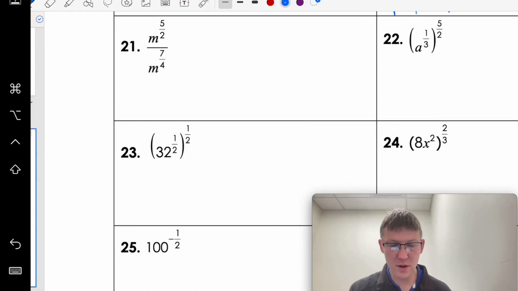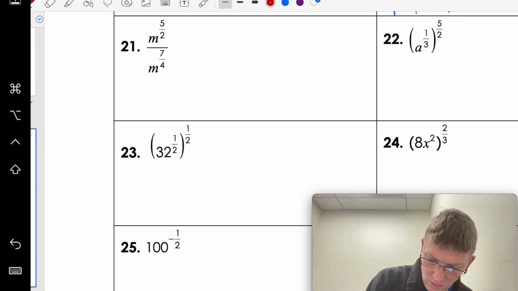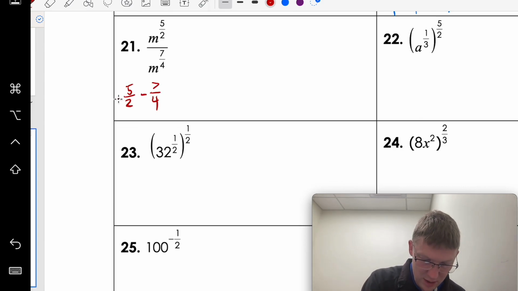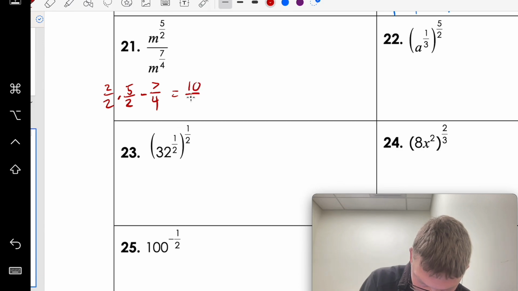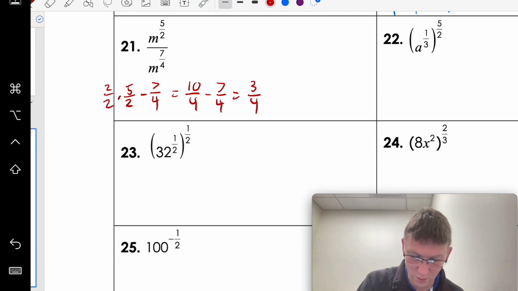So looking at 21, this time we're going to subtract our fractions. In red, we're just going to do our fraction math. We're going to have 5 over 2 minus 7 over 4. We need to multiply this one by 2 over 2 to get common denominators. So now we're going to have 10 over 4 minus 7 over 4, and that's going to be equal to 3 over 4.